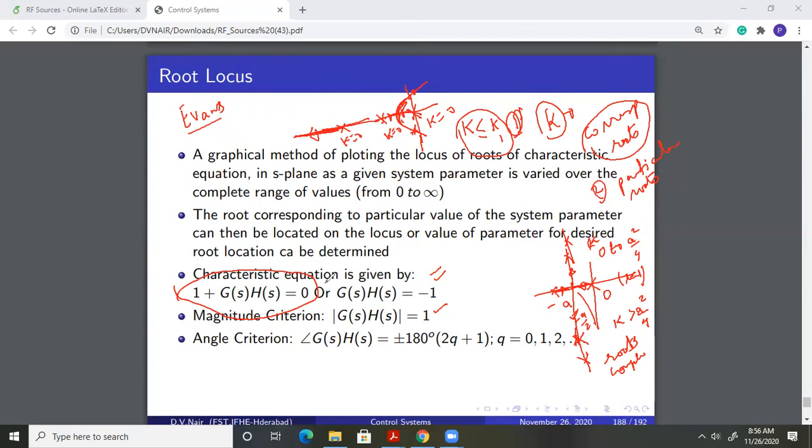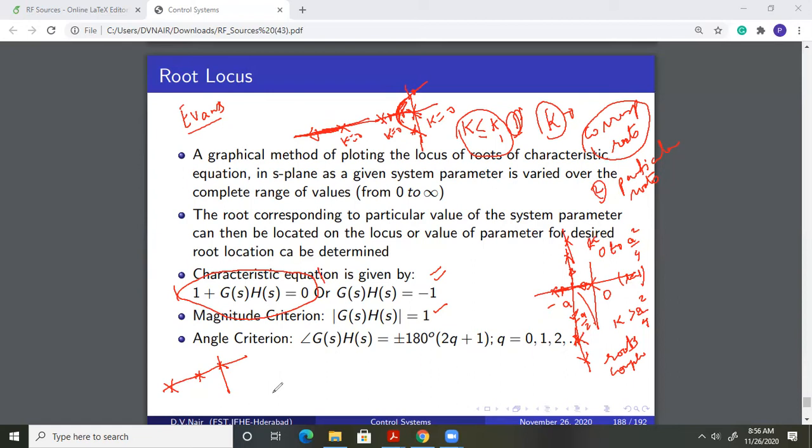For example, let me elaborate. If I have something like this, right? Let us say GSHS has this initial open loop pole zero map, right?